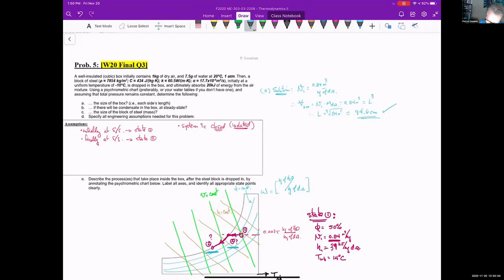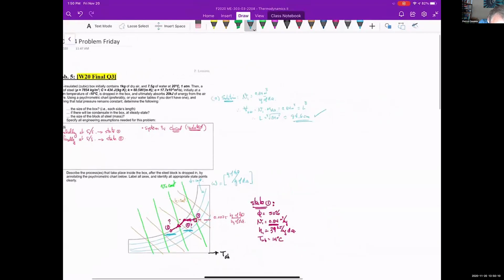To answer that, we're going to have to do an energy balance analysis, and it's going to be based on three different steps. Since we know the total amount of energy that's being absorbed, that's going to be true for the steel, it's going to be true for the air, and it's going to be true for the air giving energy to the steel.